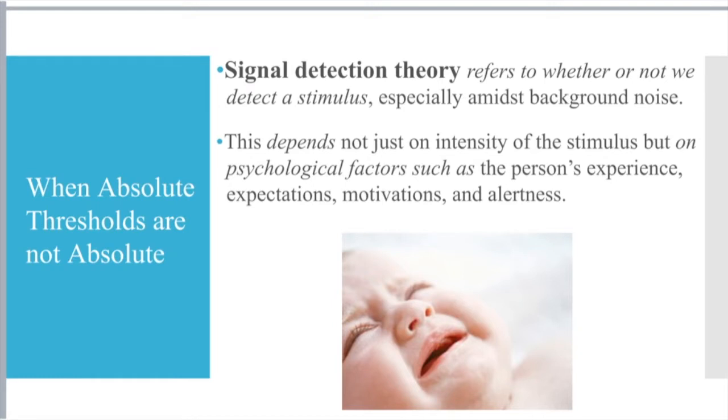Even in a really loud environment, we're able to pick out one thing to listen for, right? That's that cocktail party effect. But the signal detection theory is related to that in the sense that it's referring to the fact, can we detect a stimulus or not? This depends not just on the intensity of the stimulus, but on psychological factors such as a person's experience, expectations, motivations, and alertness, right?